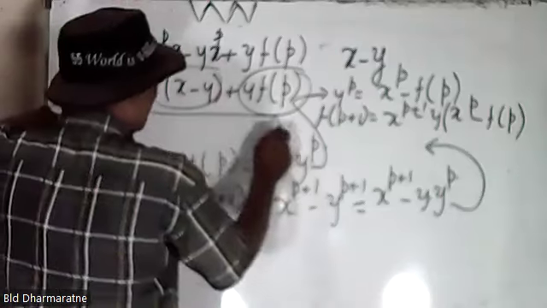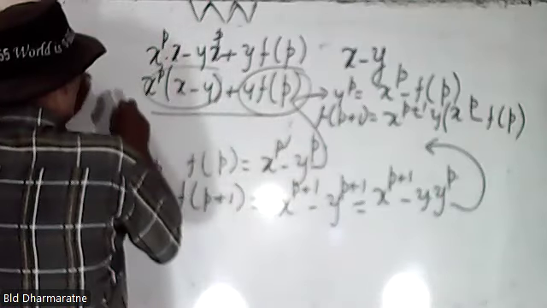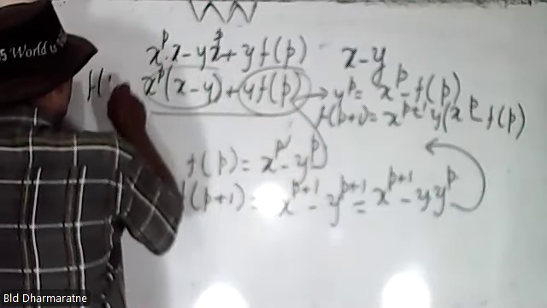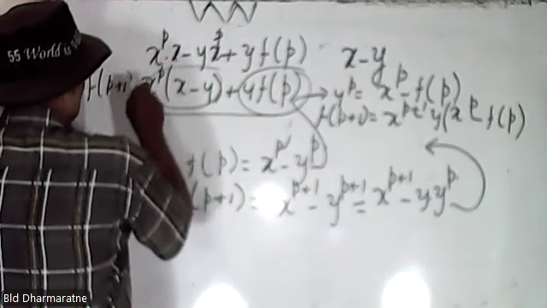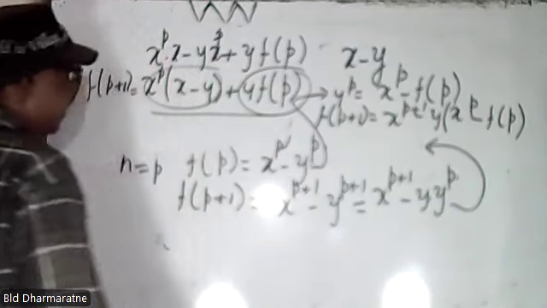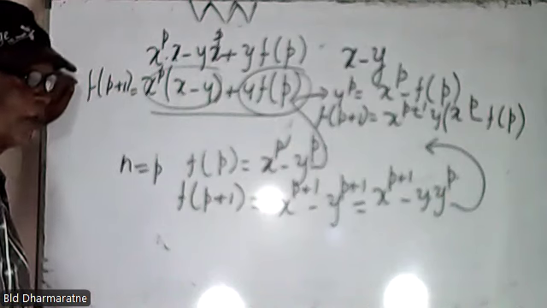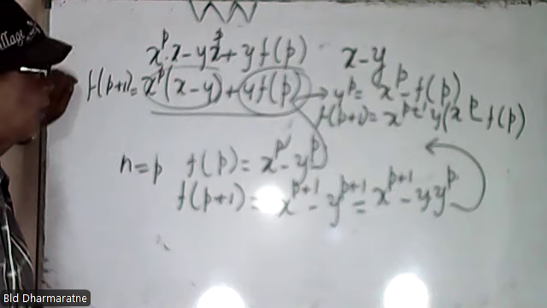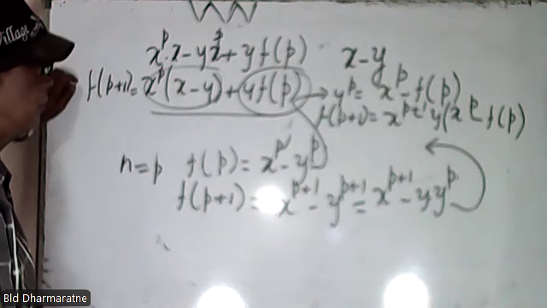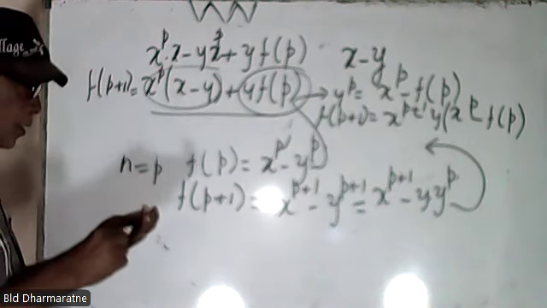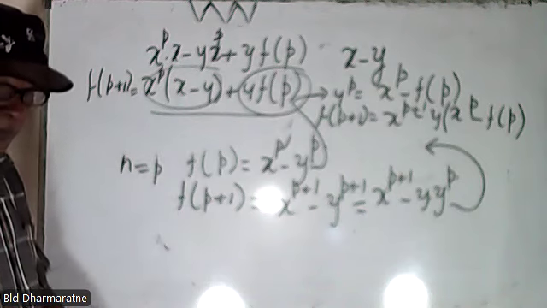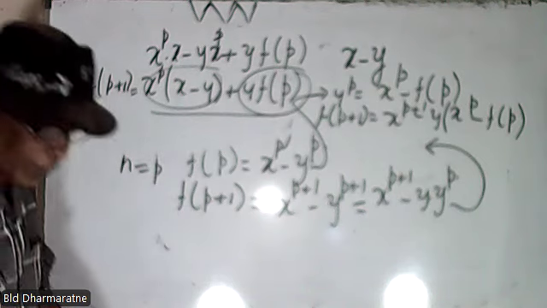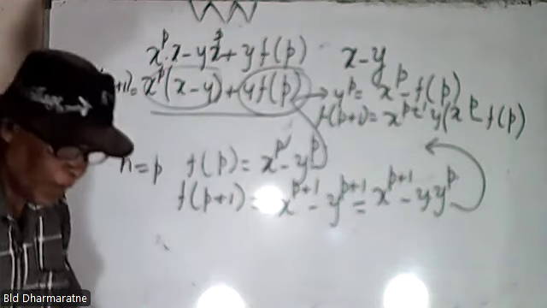So Fp plus 1 is divisible by x minus y. Hence x minus y is a factor of x^n minus y^n. That is the final one.